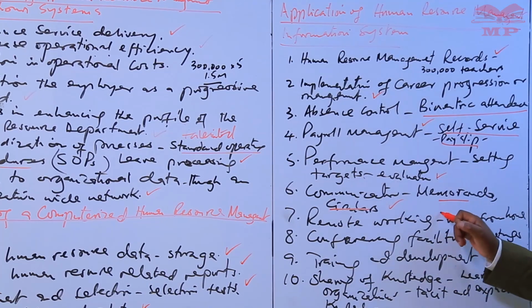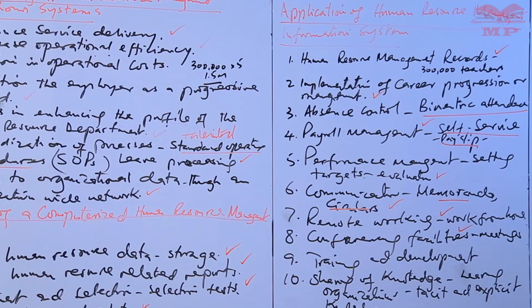Number 7, remote working, where workers can also work maybe from home. They are given instructions. Conferences or maybe facilities for workshops can also be facilitated. Then training and development, you also have toolbox training, where you can have short training sessions put within the system. Workers can be able to access.